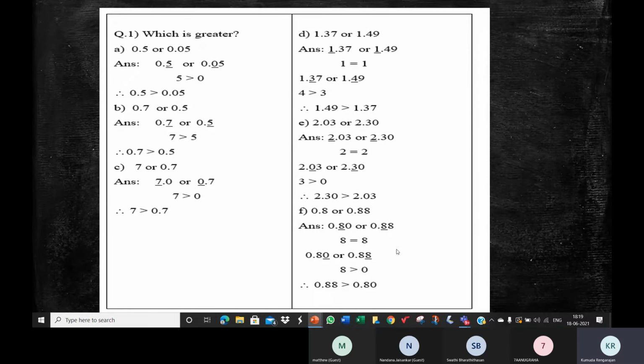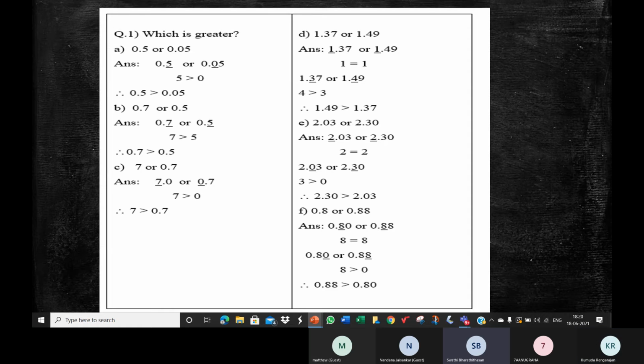One of you explain the next one. Ma'am, shall I explain? All right. Yes, ma'am. Ma'am, 2.03 or 2.30. When we compare the whole number part, we have 2 in both decimals, ma'am.